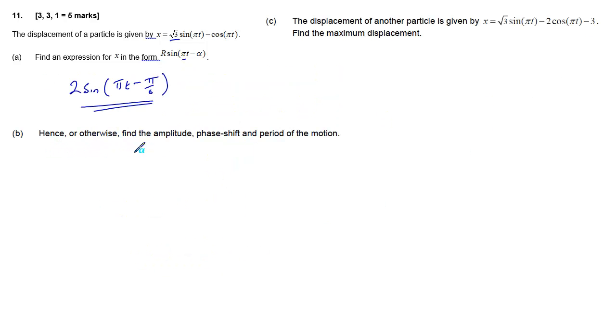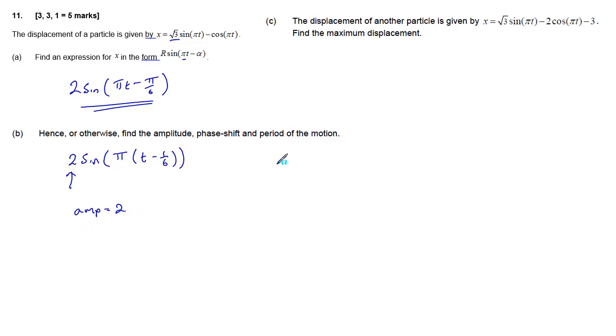Hence, or otherwise, find the amplitude, phase shift and period of the motion. I'm just going to rewrite this slightly as 2 sine pi t take away 1/6, like so. Now this gives me the amplitude, so the amplitude is going to be 2.